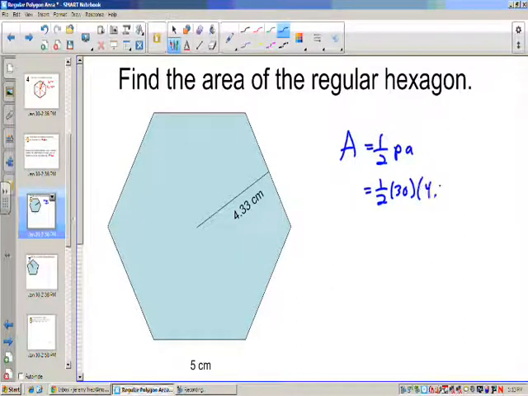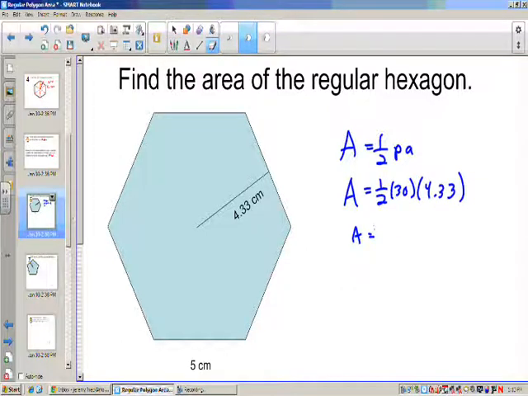The apothem is 4.33, so now we just have to do the math. 1/2 times 30 times 4.33 is, I have to get out my trusty calculator, and the answer is 64.95. So this area is 64.95 centimeters squared.